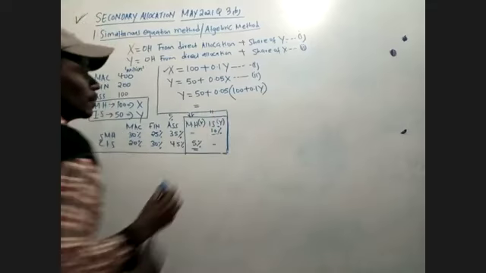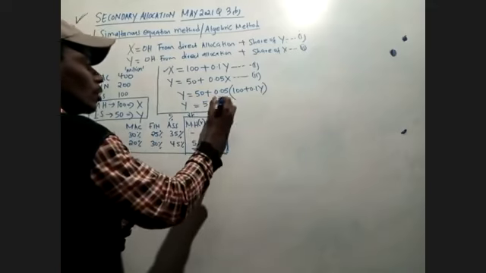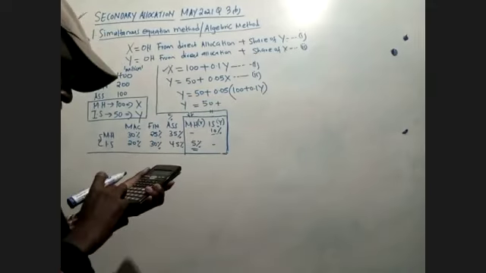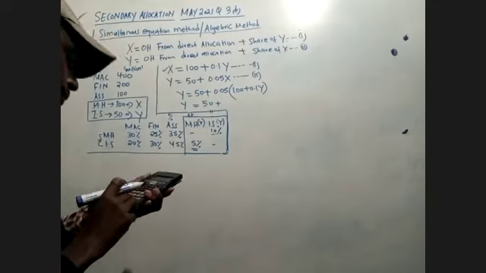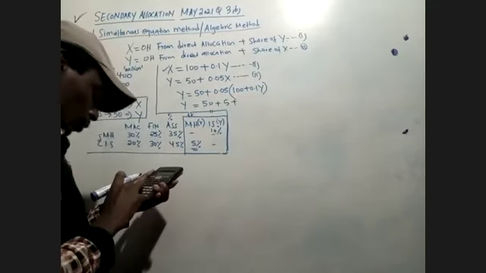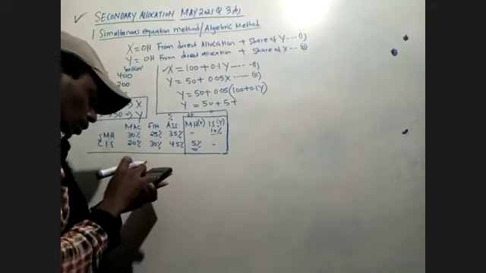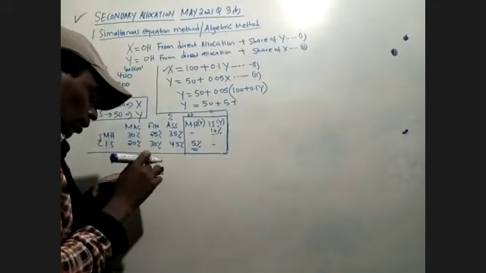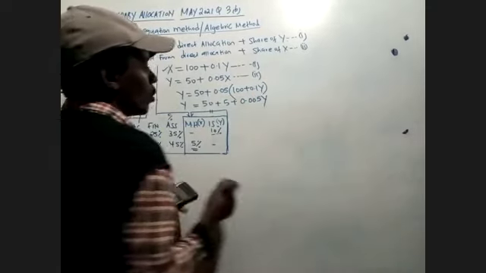So what will be our figure? Itakuwa ni 50. Y is equal to, so 0.05 times 100, hii ni 5, and then 0.05 times 0.1, this one is around 0.005 y.